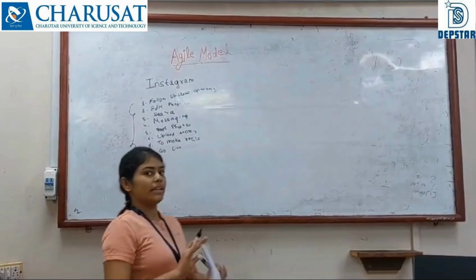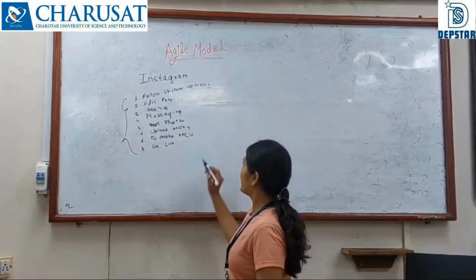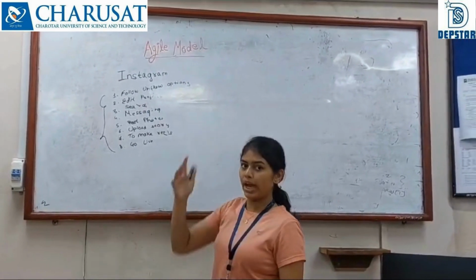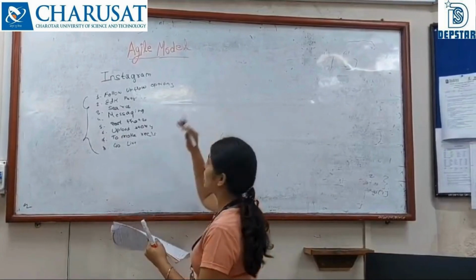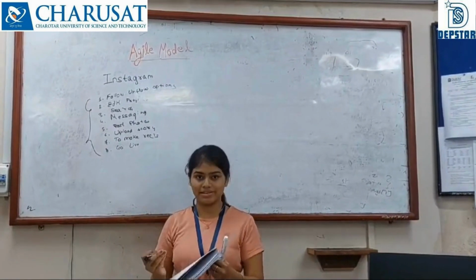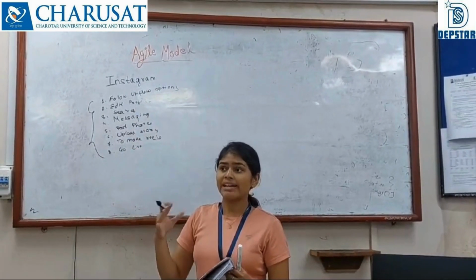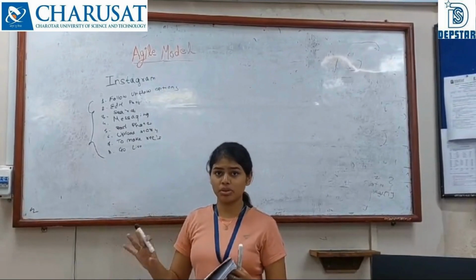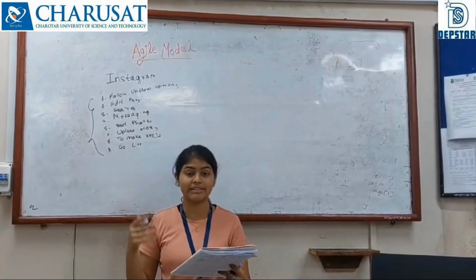So let me explain with a very basic traditional model. We have the waterfall model. We are aware of that because it has already been explained. In the waterfall process model, first requirements are gathered. So first all these 8 requirements would be gathered, and it might take 2 or 3 months to process this, and then it will be designed, then implemented, then testing would be done, and then deployment.